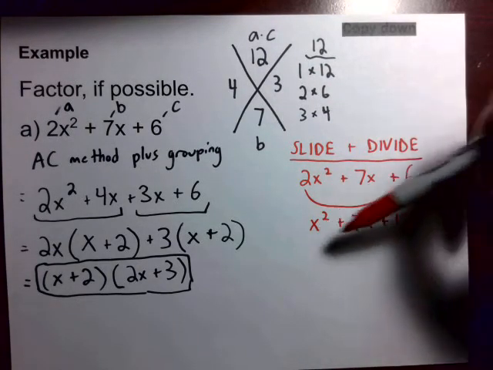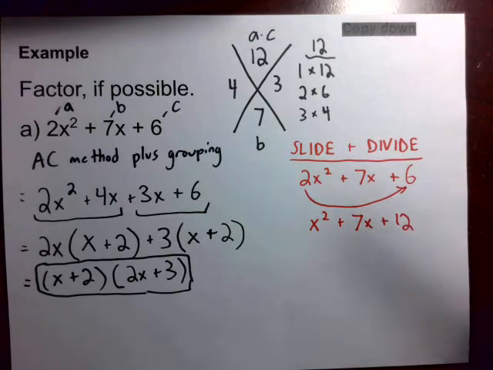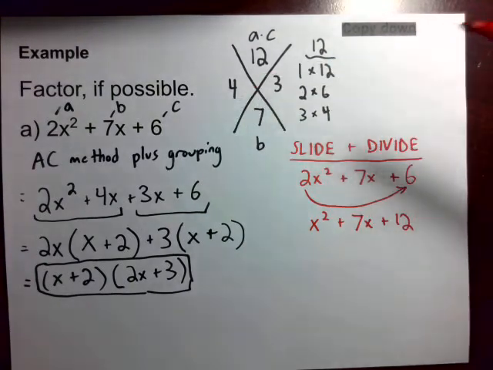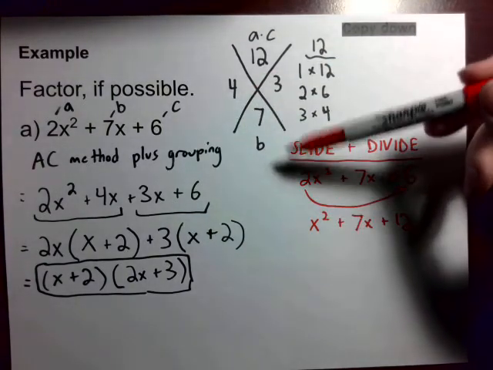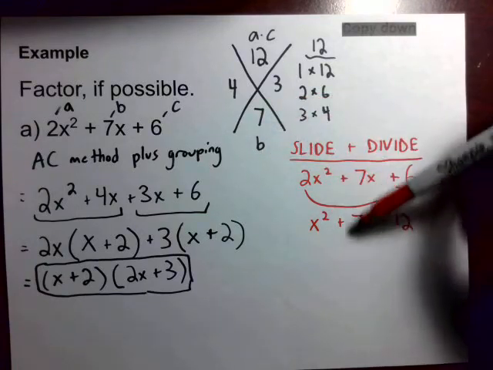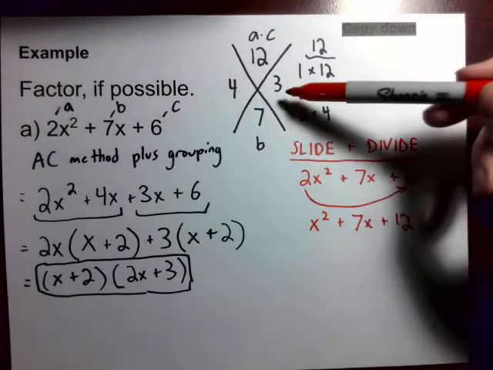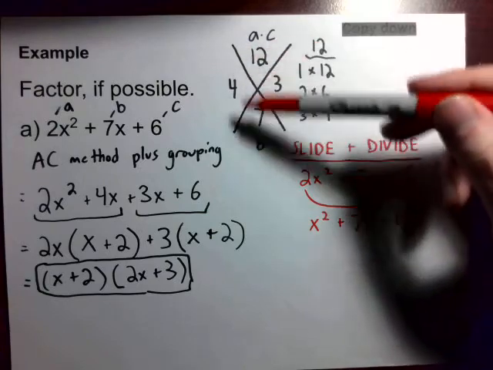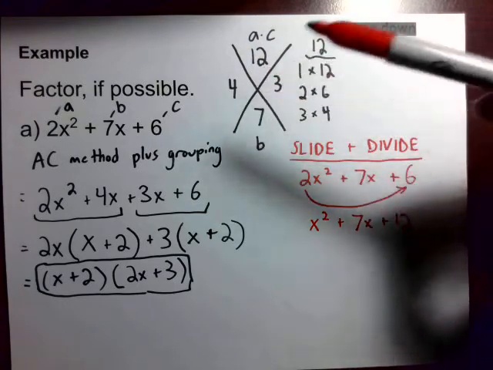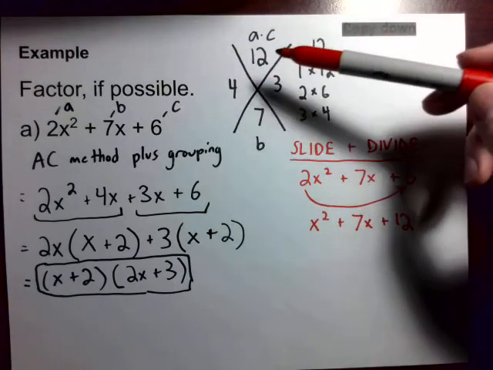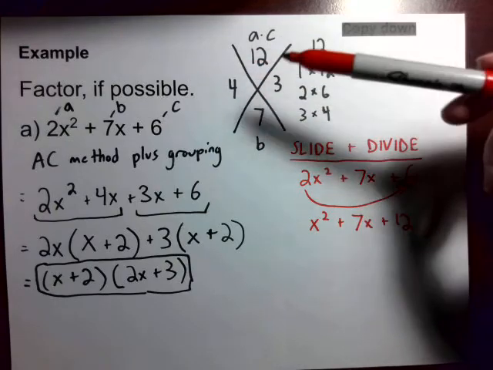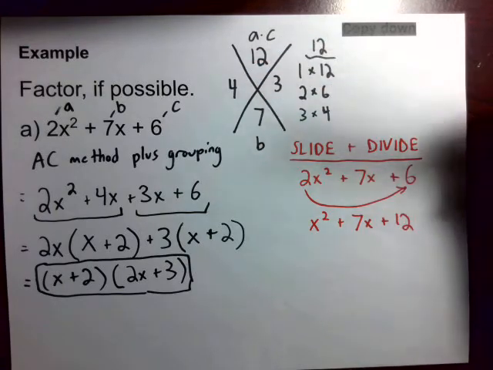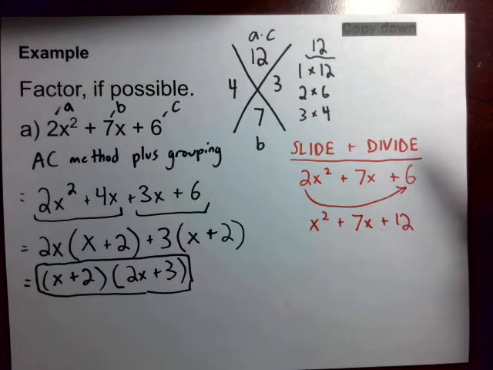So once you have this simple trinomial, then it's just a matter of looking at what are the two numbers that would add together to give you 7 and multiply to give you 12, which we already figured out. So this part here is going to be common to both strategies, regardless of the one that you choose, which is why we had to do a lot of that sum and product table in class earlier in the unit.